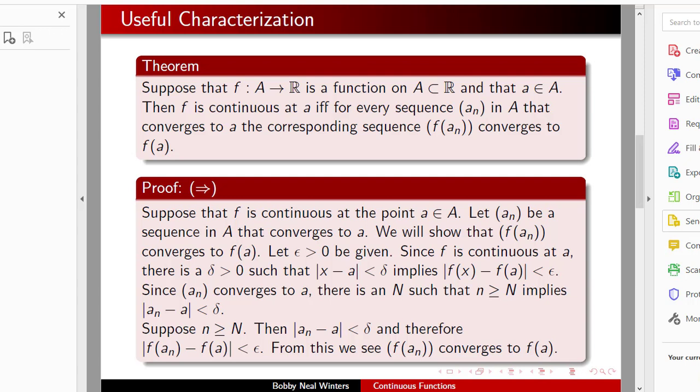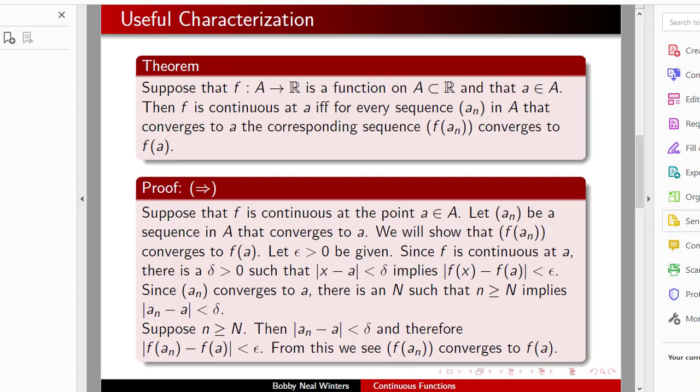So this is an if and only if. So we will start with the supposition that f is continuous at the point a in the set A, and we'll prove that it preserves the convergence of sequences. So let the sequence a(n) be a sequence in capital A that converges to the point a. We will show that the sequence f of a(n) converges to the point f of a.